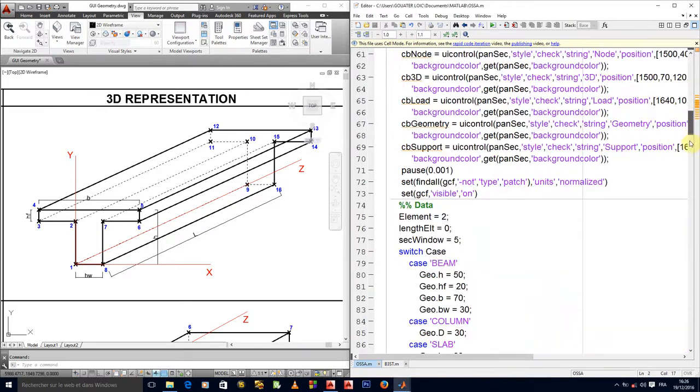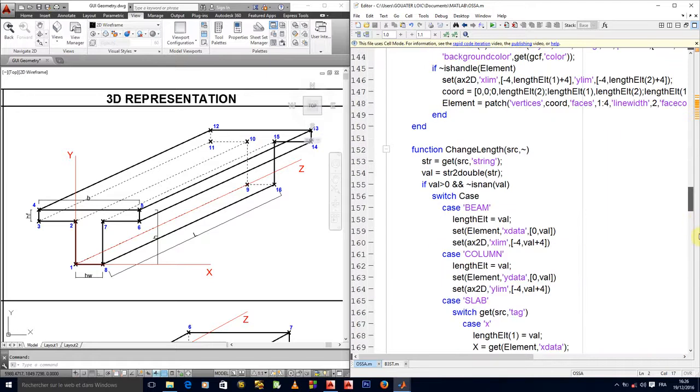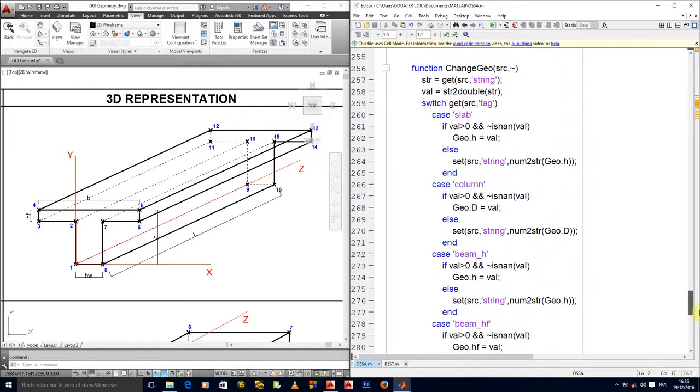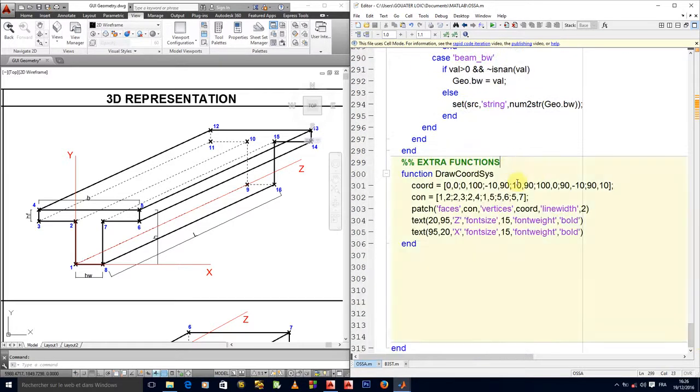So the first thing we'll do is to create a function, not a callback, but a function. We'll call it 3D representation.